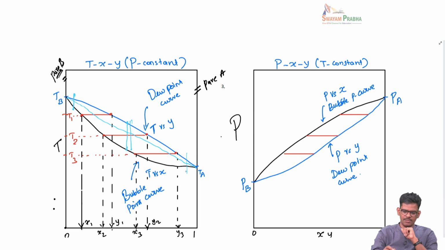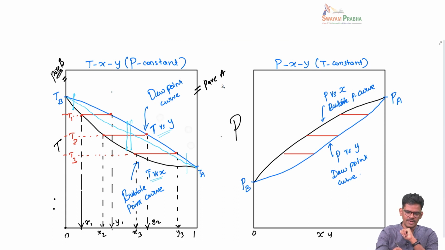I also talked about the top curve which relates T and y, called the dew point curve, and the bottom curve which relates T to x, called the bubble point curve. So this is about keeping pressure constant and looking at how temperature and the two compositions fix the phase.